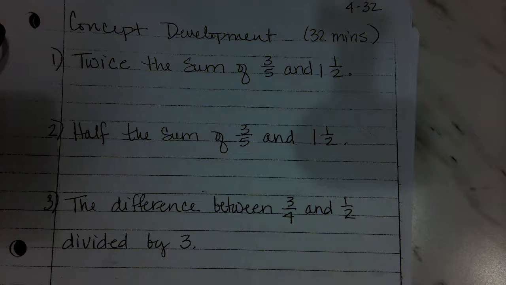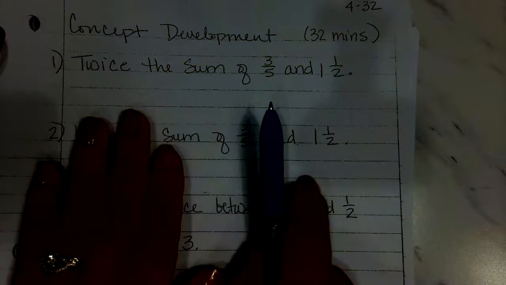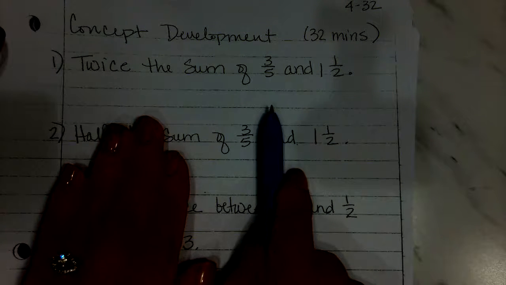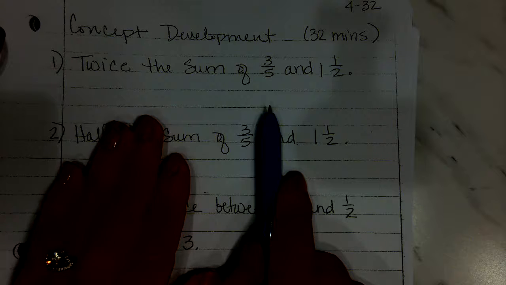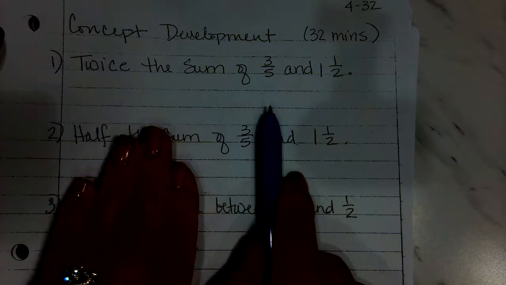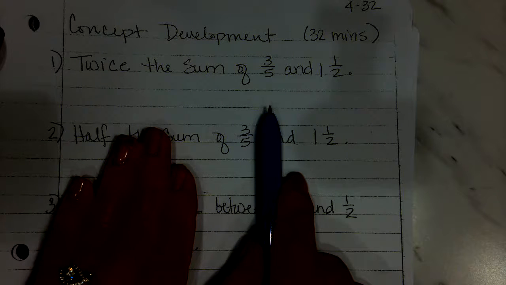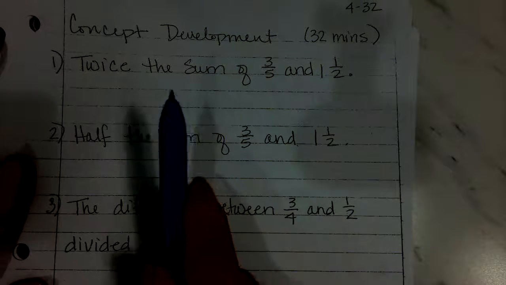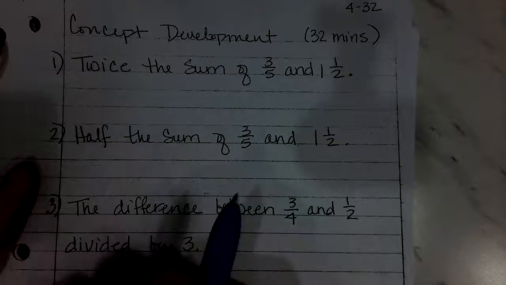So what do you have to do to signify that you are going to do something first? What in math tells you to do this part of the expression first? That's right, it's parentheses.